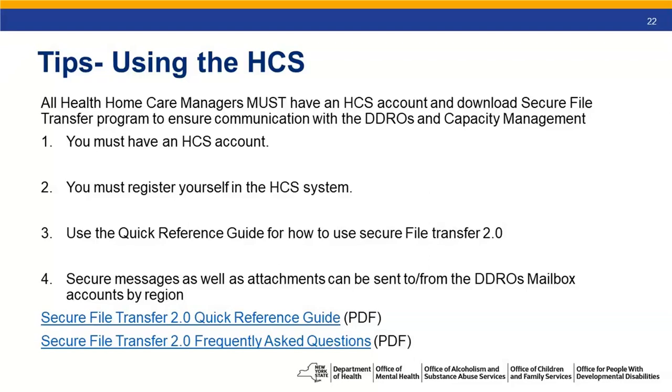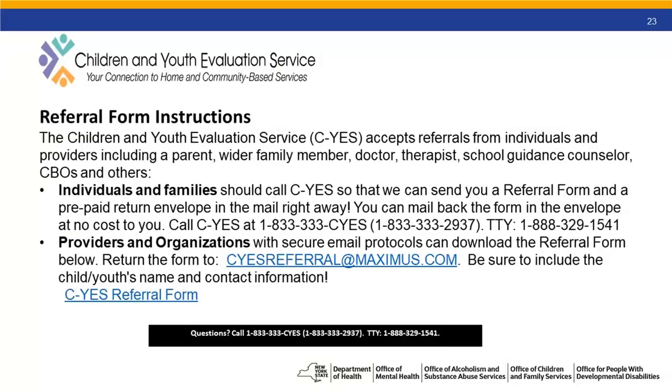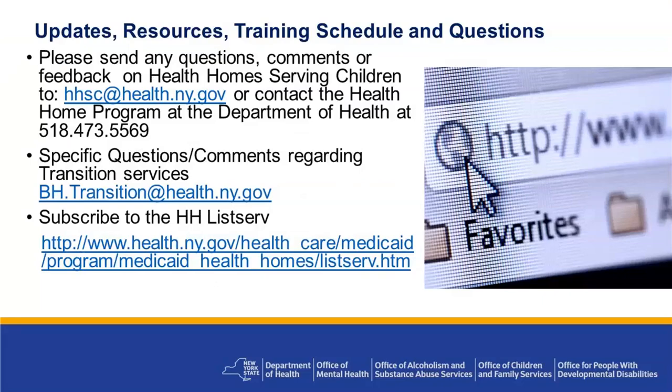There will be more guidance about that regarding capacity management at another time, but we want to highlight, again, CS and how to contact them, and their referral form is online and their phone number. And then the next slide is just our regular contact for the health home.